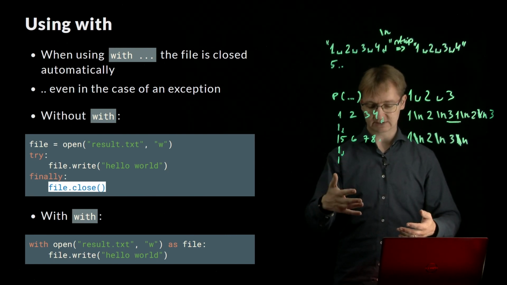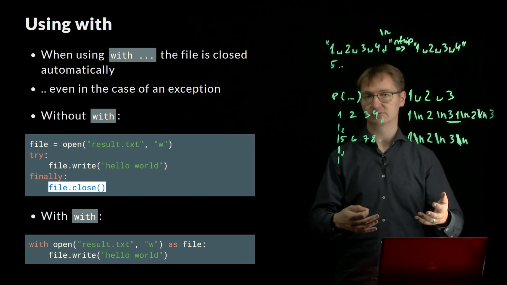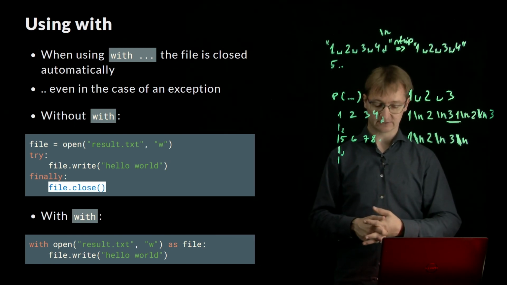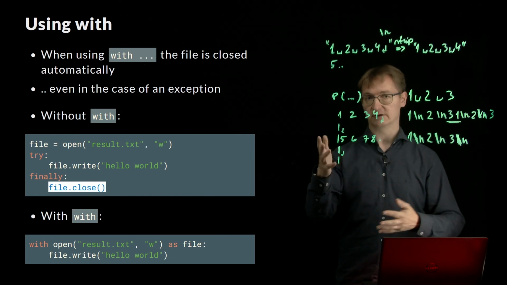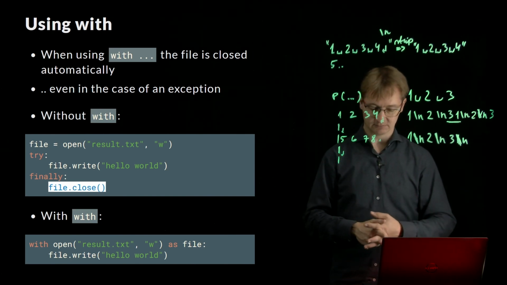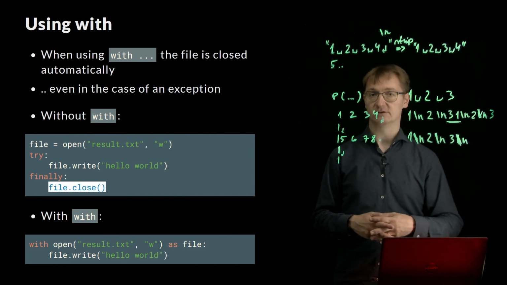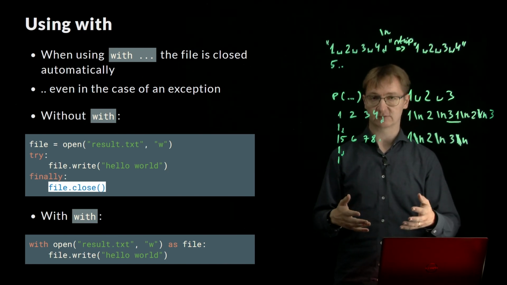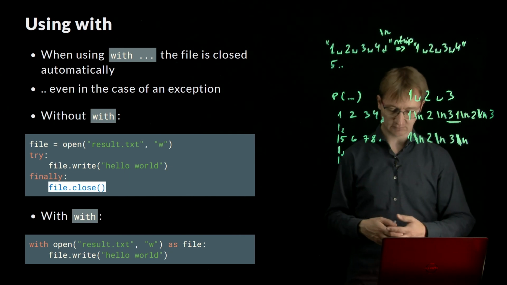But if you are writing the file and something happens to the program, you have to be sure that the contents are written. Otherwise you will end up with an empty file or a file which has only part of the contents it has to have, and so on.